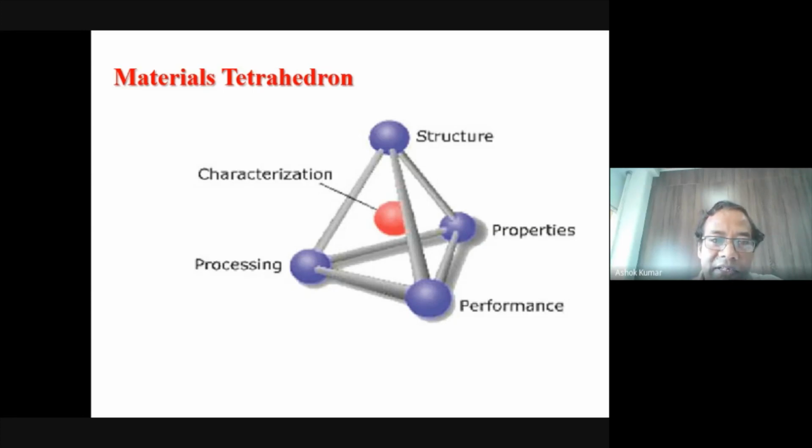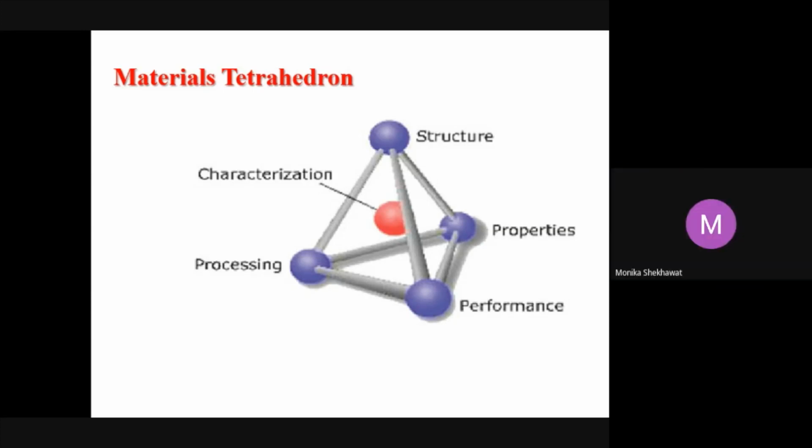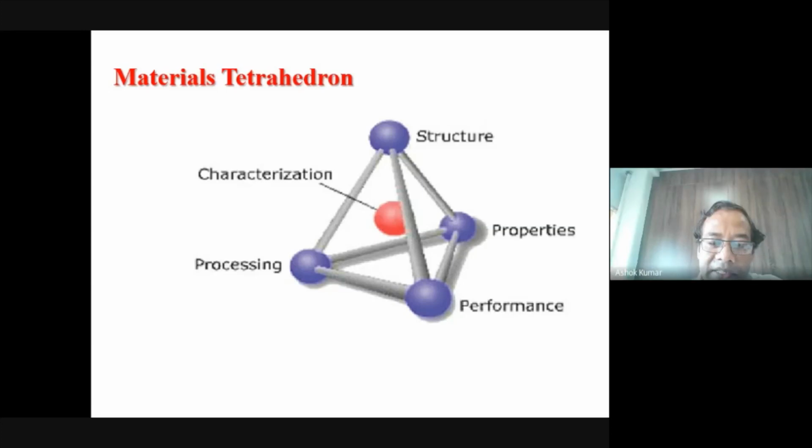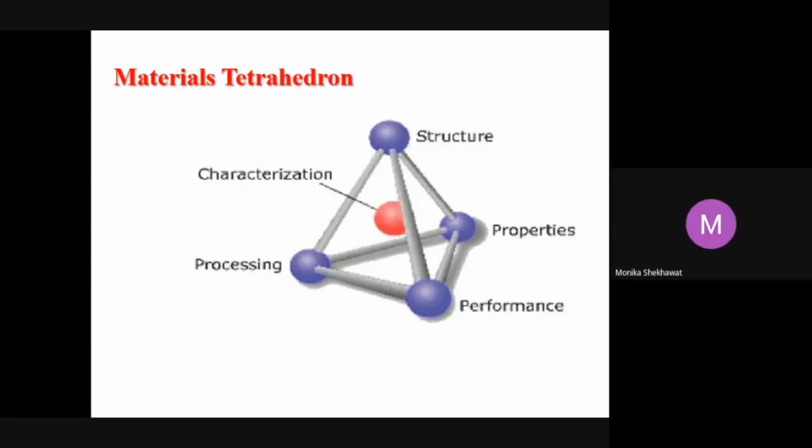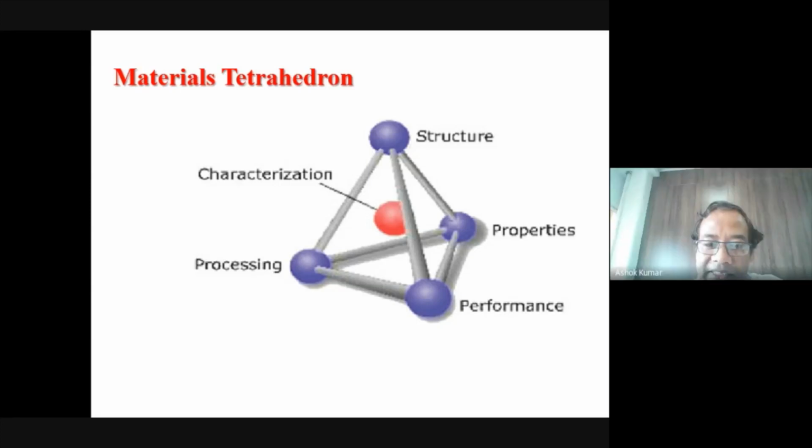So we are talking of the material tetrahedron. Take any vertex, like processing. The way you process the material changes its performance, its properties and its structure, and everything is centered on characterization. Characterization is very important, because only then can we understand what is happening.